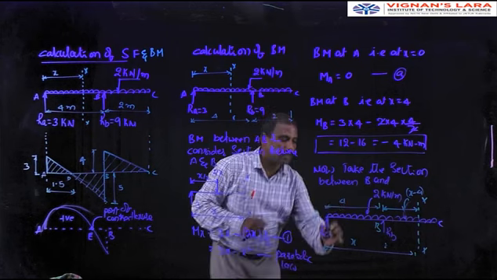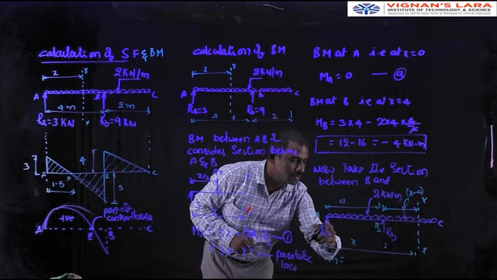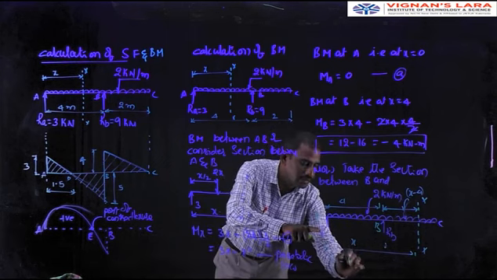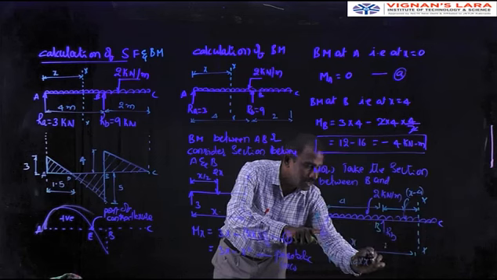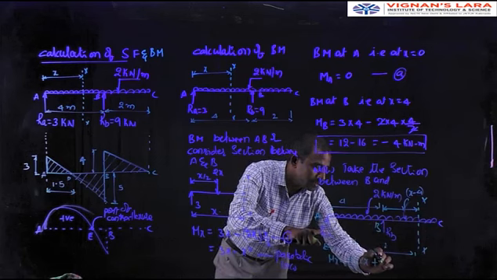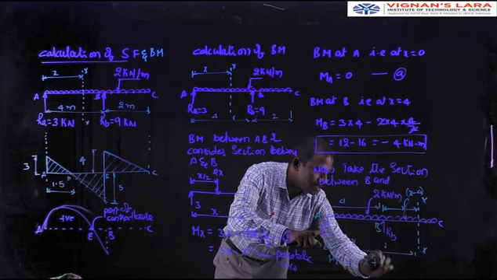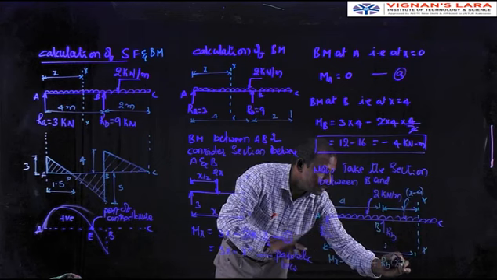Then we can formulate the equation, that is Mx is equal to. So what about the moment produced by the RA into x? It means it is a positive. Again plus RB also produces the positive or sagging moment, that is RB into x minus 4.